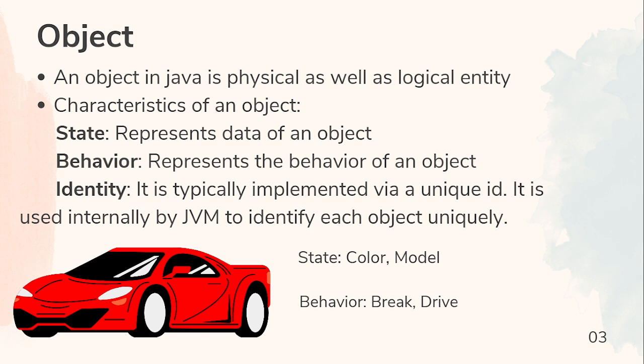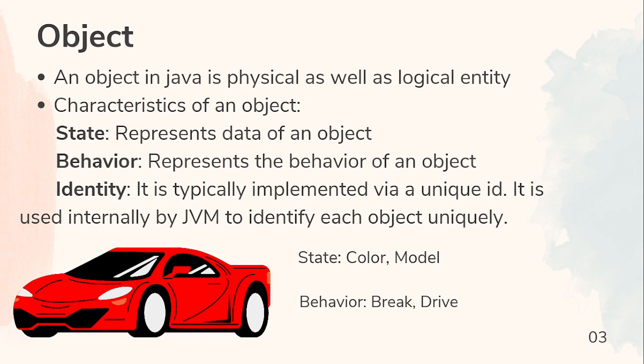Apart from that, it has some behavior, some mechanisms, like it is used for driving and we can apply the brake. And apart from that, whether this particular car is mine or belongs to someone else can be identified using a unique identifier. It can be a number plate, or anything like a chassis number.